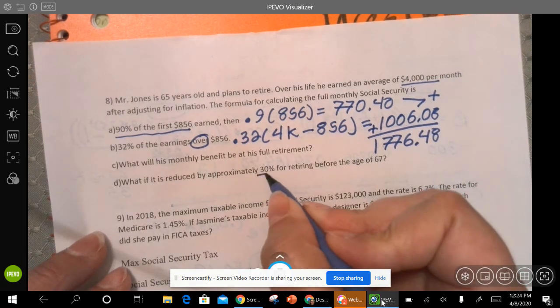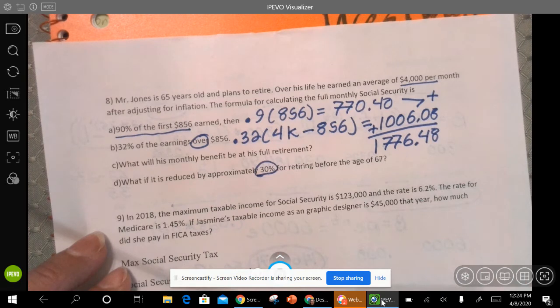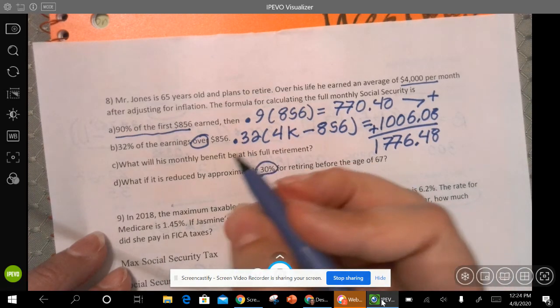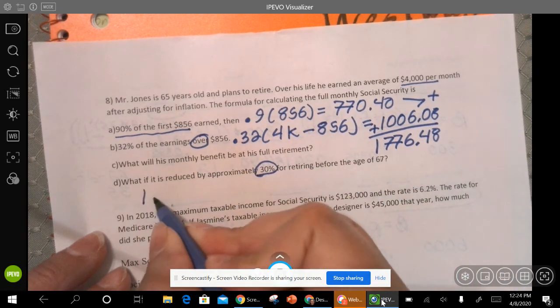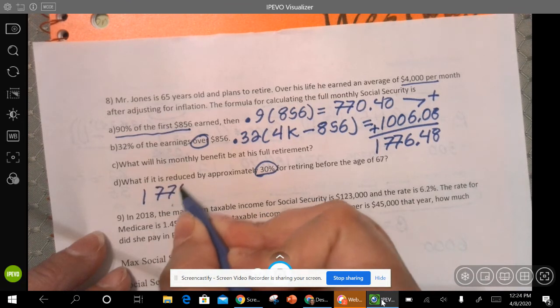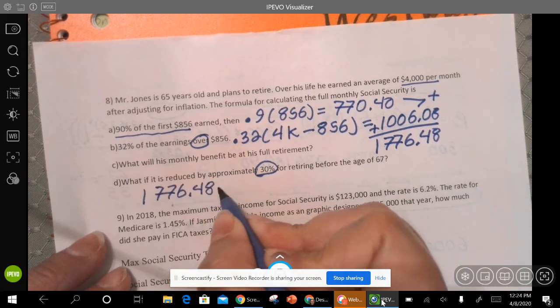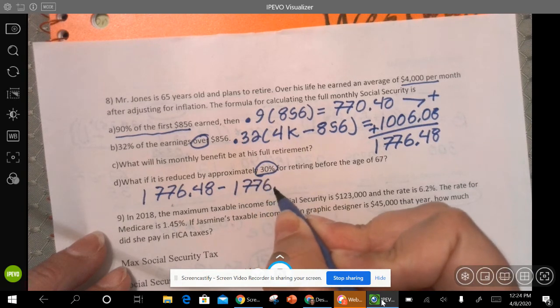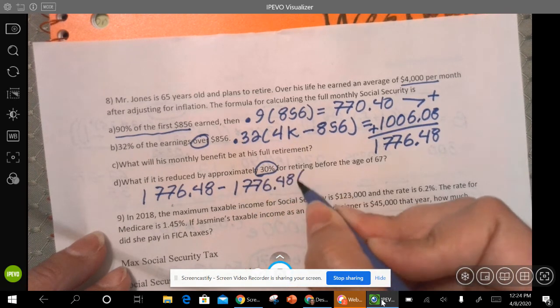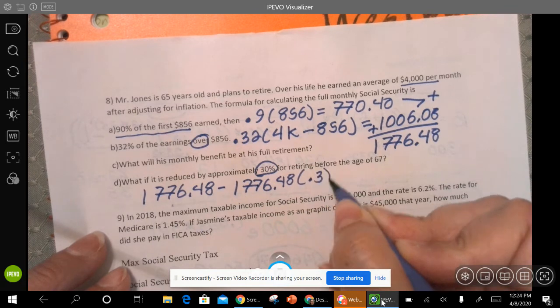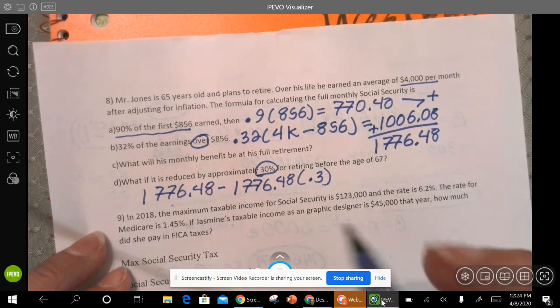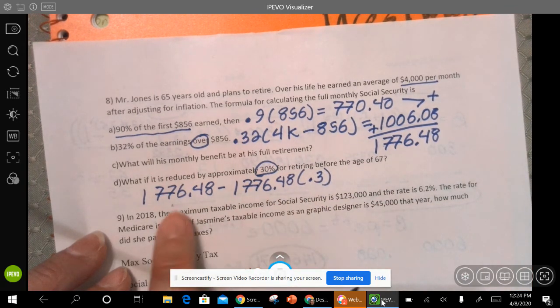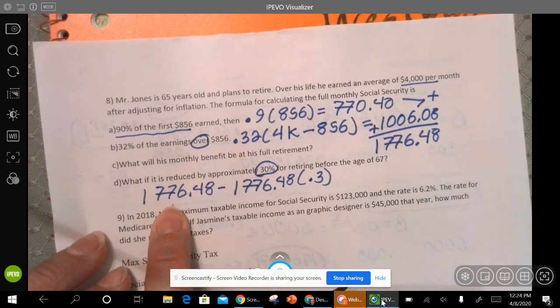If he retires at 62, it's going to be reduced by 30%. So we're going to take the full amount minus the full amount times 30%, but you can also just multiply the full amount times 70%, because 100 minus 30 would be 70.